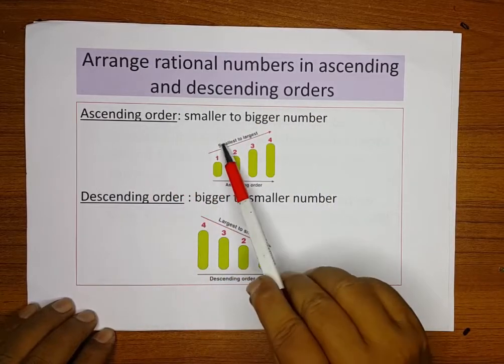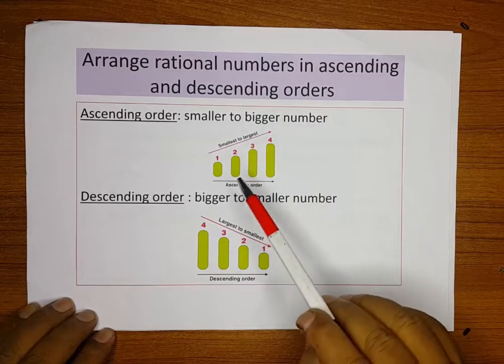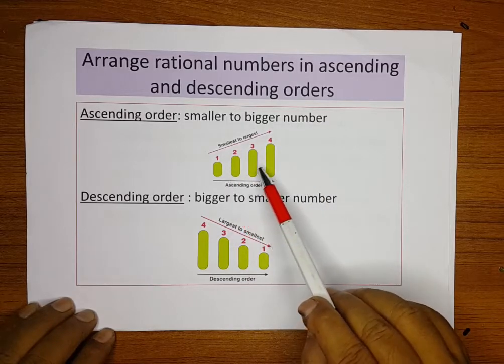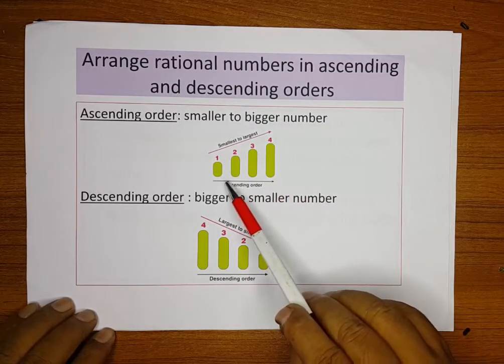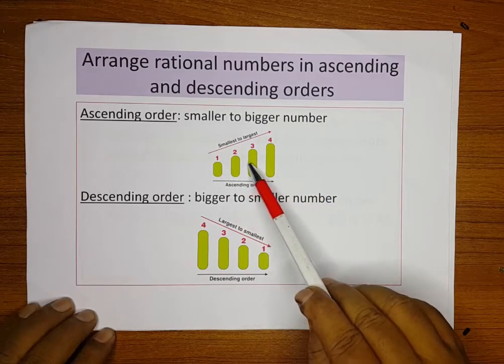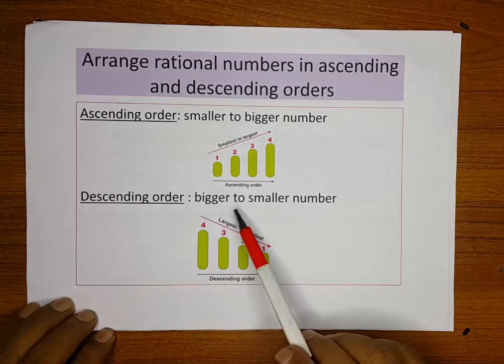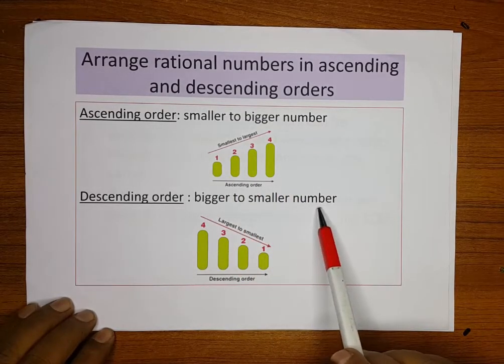Ascending order, students, is smaller to bigger. You are watching the blocks here; the arrangement is smaller to bigger: 1, 2, 3, and 4. Descending order is bigger to smaller.